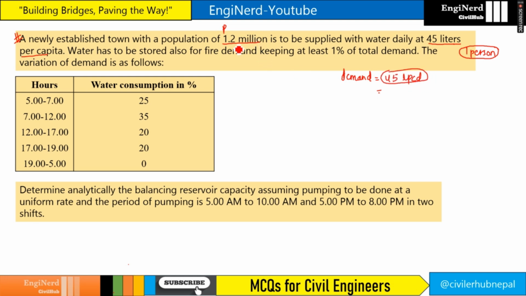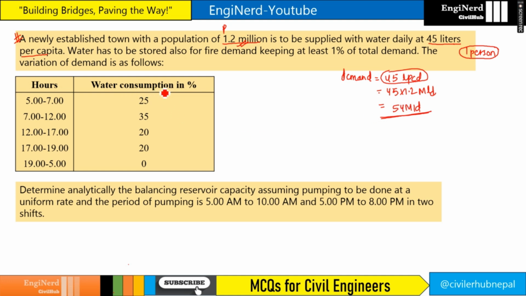Now the population of 1.2 million will be multiplying by 1.2 million to get the demand for 1.2 million people. So 45 into 1.2 is 54, right? So it is 54 MLD, million liters per day. So now total demand is 54 MLD.